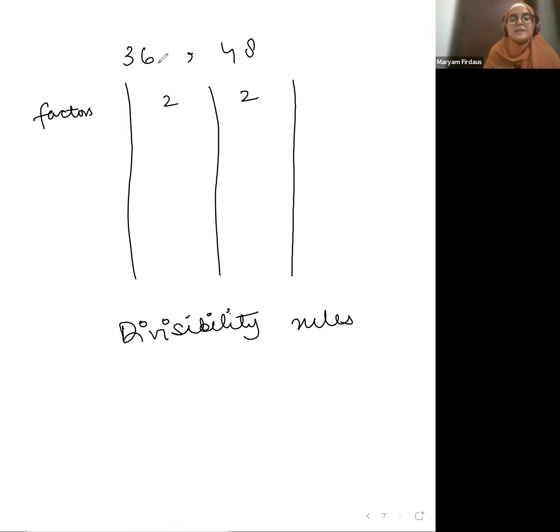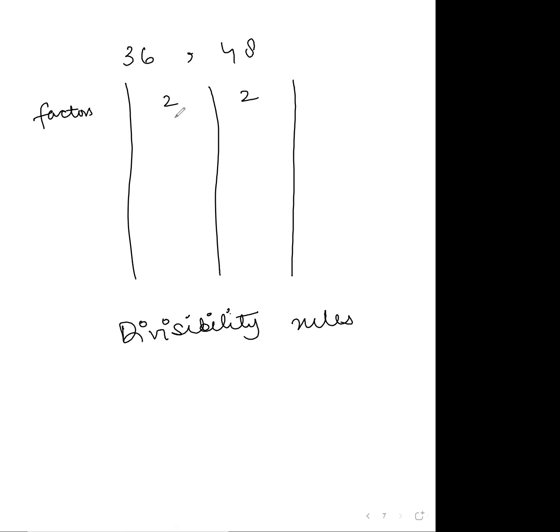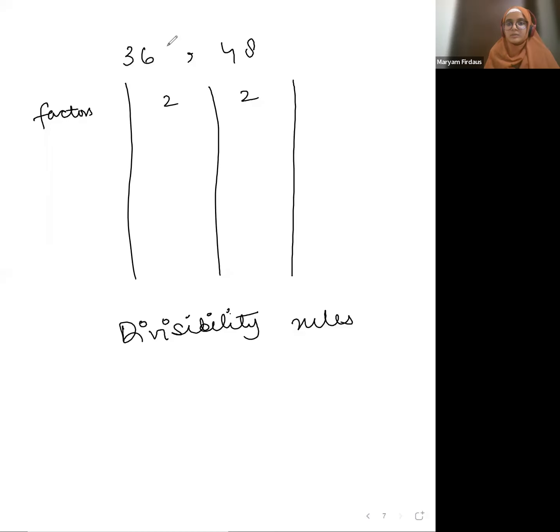So when you do 3 plus 6, 36, right? 3 plus 6 gives you what? 9. 9 is in the table of 3 or not? It is. So 3 is a factor of 36. What about this number? Do 4 plus 8.